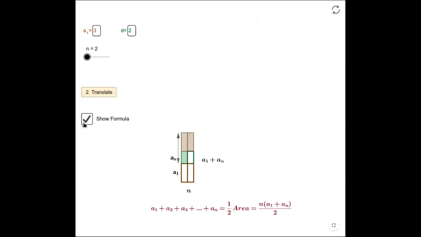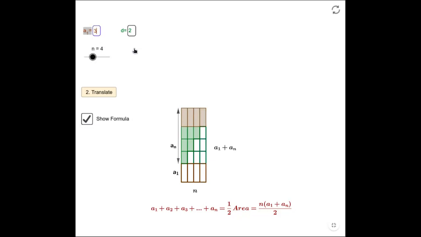So half into the area of that geometry. So this half into area is exactly the required sum. Suppose I increase n equal to 3, n equal to 4.